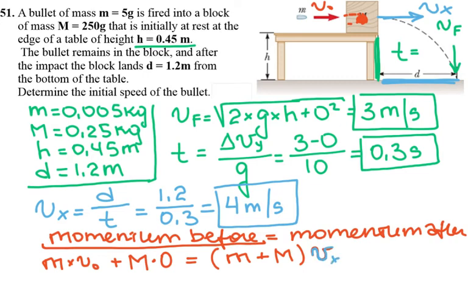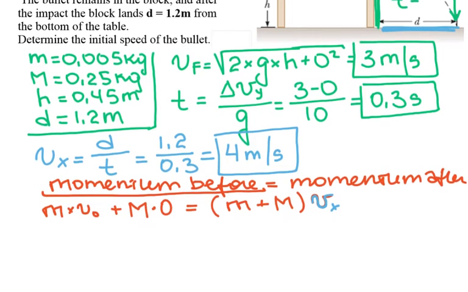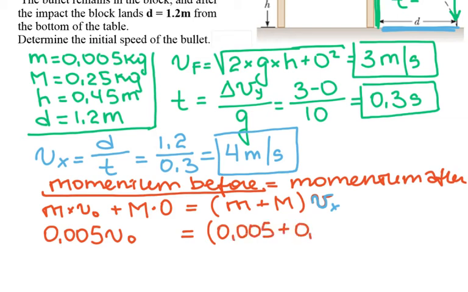If I plug in my numbers, I get the mass of the bullet times the velocity of the bullet, plus the mass of the block times velocity 0, which equals 0, and the masses of them after, 0.005 plus 0.25, times the velocity of both of them after, which is 4 meters per second.